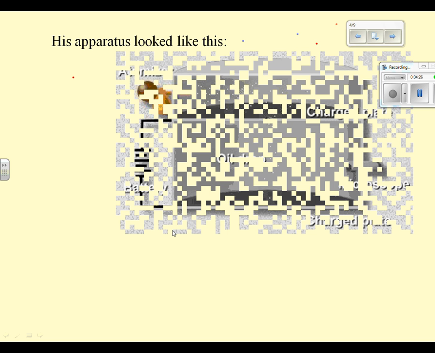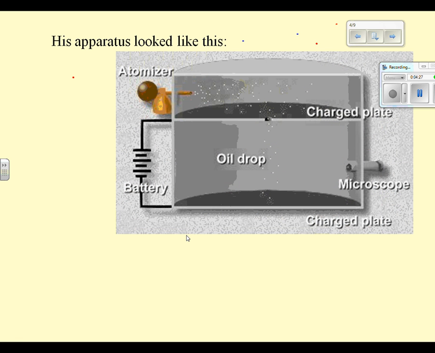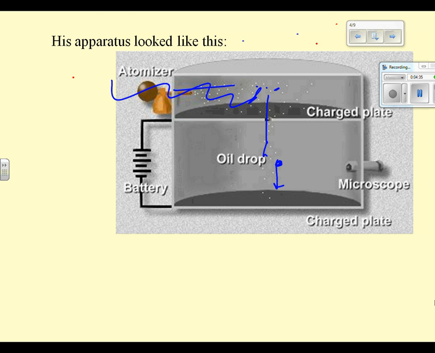His apparatus looked like this. You already know this. Sprayed the oil droplets in here, they fell through. X-rays. Down here you've got gravity, the weight force, and because this is charged, positive charge, negative charge, the negatives are going to push up.